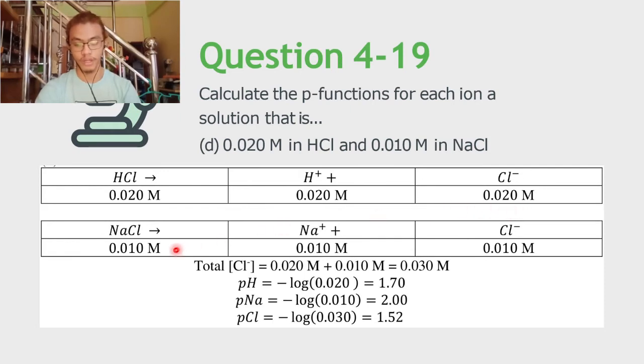The same goes for the sodium chloride, which has a 1:1 ratio between the products and the reactants, which means all of them have a concentration of 0.10 molar.